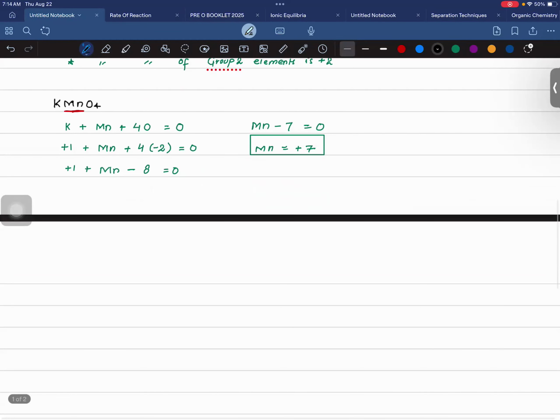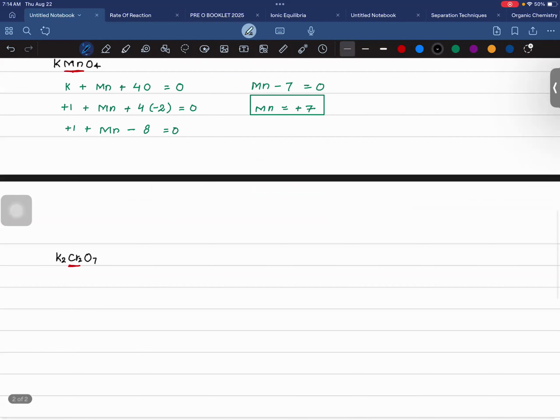Let's suppose this is K2Cr2O7. In this, we are going to find out the charge of chromium. So I can say that this is 2K plus 2Cr plus 7 oxygens equal to 0. K is +1, then 2Cr, then 7 oxygens, oxygen is -2, equal to 0.